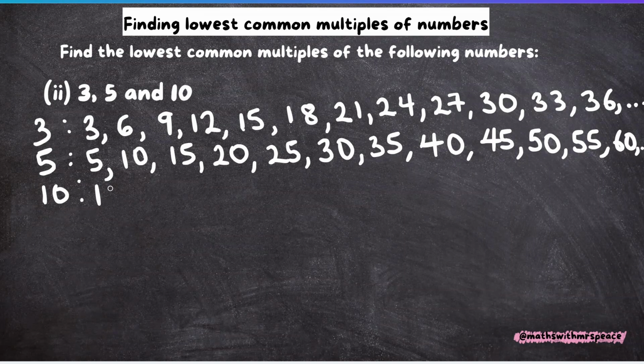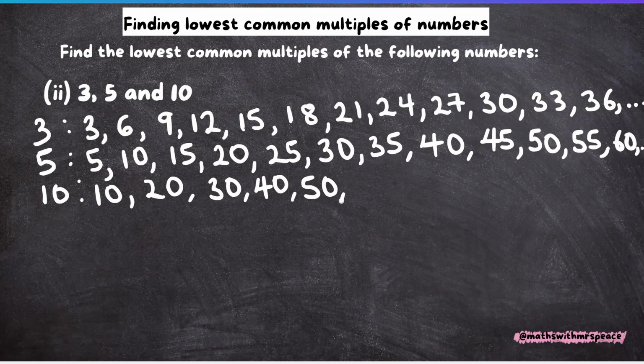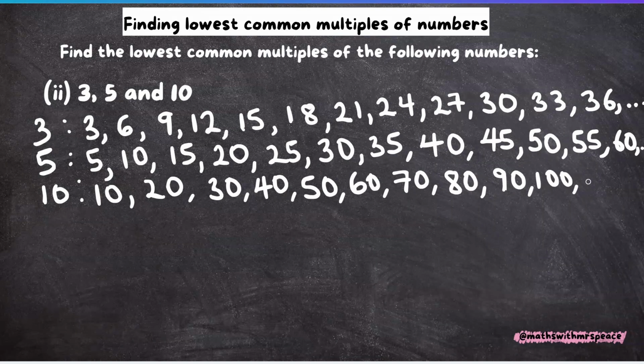And then we have 10, 20, 30, 40, 50, 60, 70, 80, 90, 100, 110, and 120. Of course, we know that that's not all, we just ran out of space there.